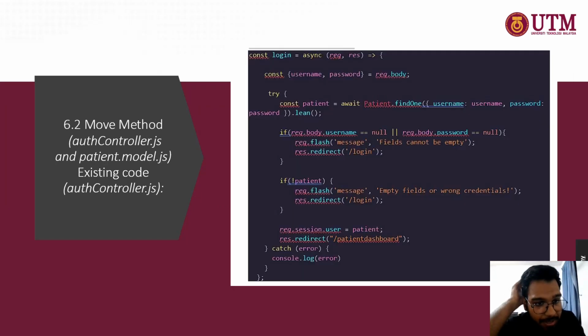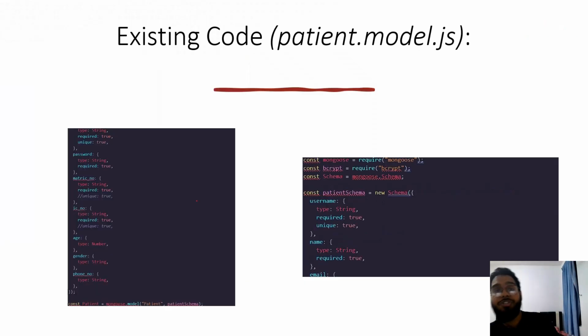The second one is the move method, which is implemented in the patient model from the login method. So this is the login method. Here we can see in the existing code, the authentication of the patient model was done in this login one. So this was creating a feature envy, as we discussed. This is the existing code of the model.